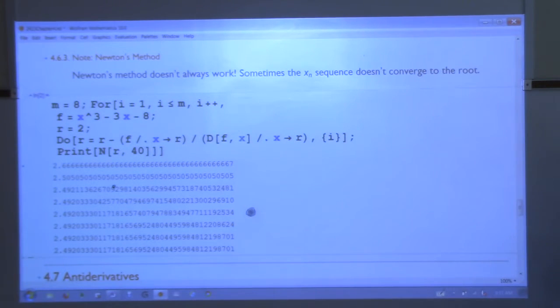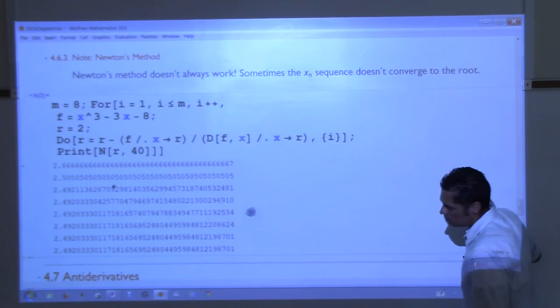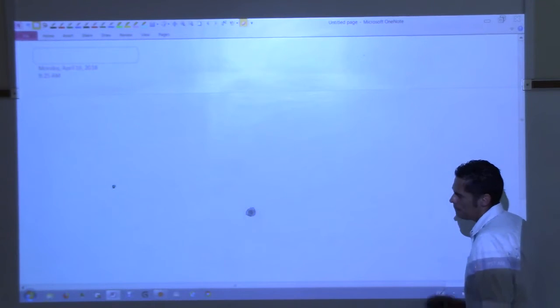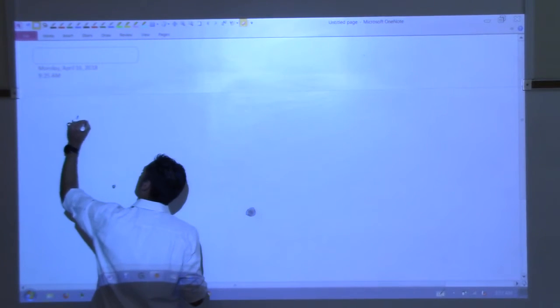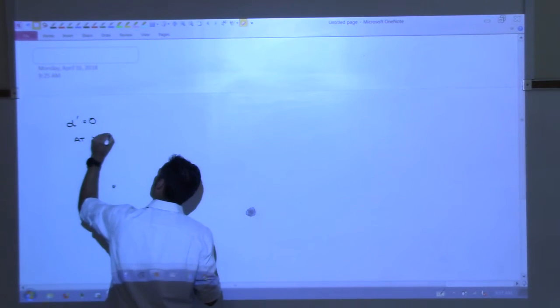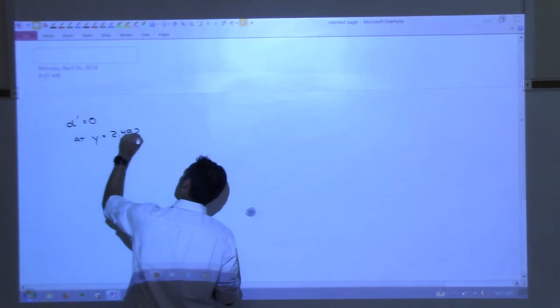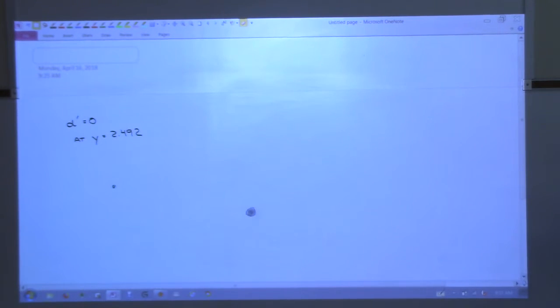So now I know that D prime equals 0 at y equals 2.492, approximately, yes? All right, now we still need to look at where the derivative doesn't exist.